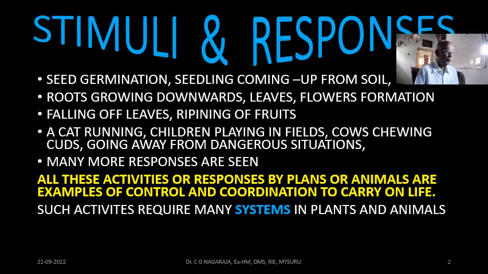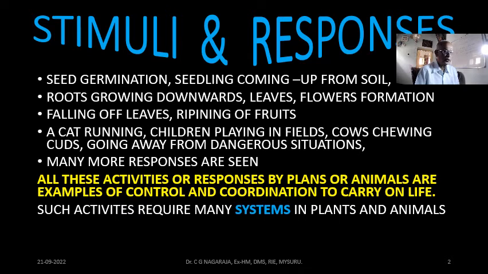The seedling comes out from the seed, moves upwards and pushes the soil, and the roots go downwards. These are all various kinds of responses given to the stimuli by the living plant. Roots always grow towards the center of the earth.